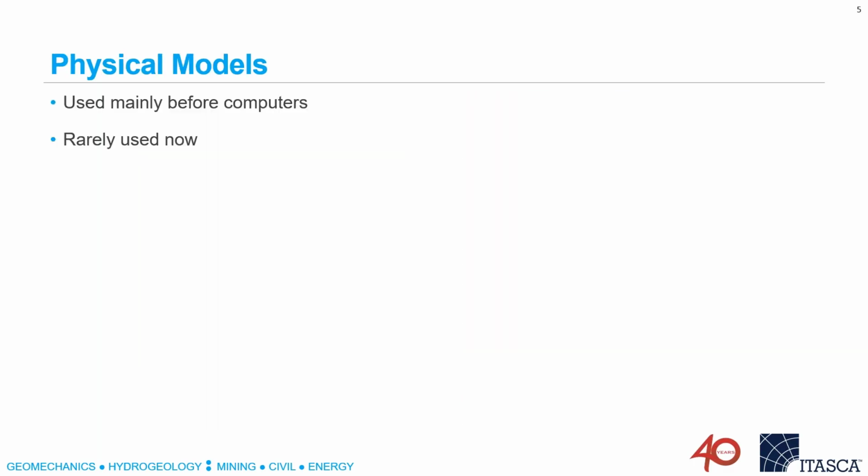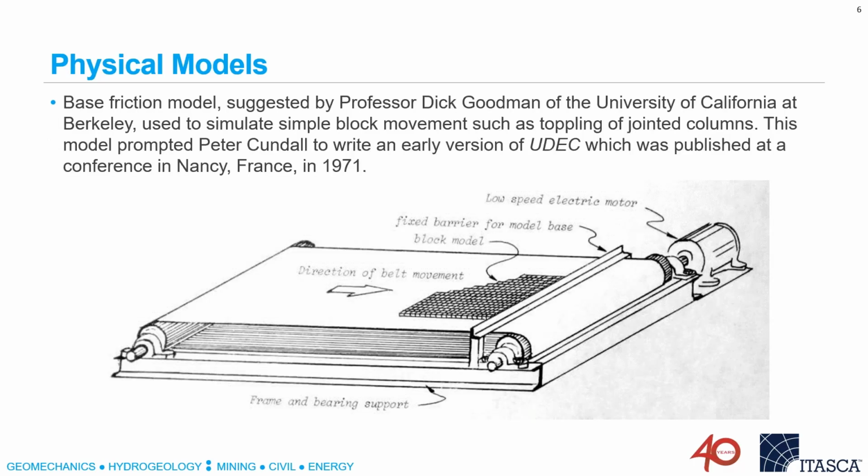So let's start with physical models, and physical models are the oldest type of slope stability models that we have. They were used mainly before computers, but they still are used in some places now, and I'll show you where those are. One of the first ones was called the base friction model that was developed by Dick Goodman at the University of California.